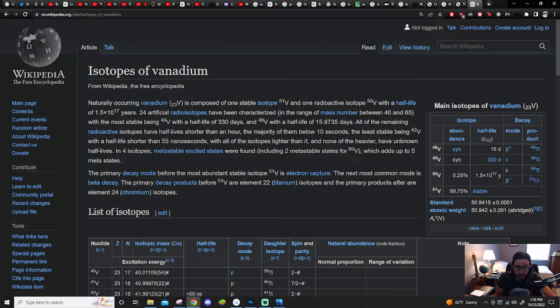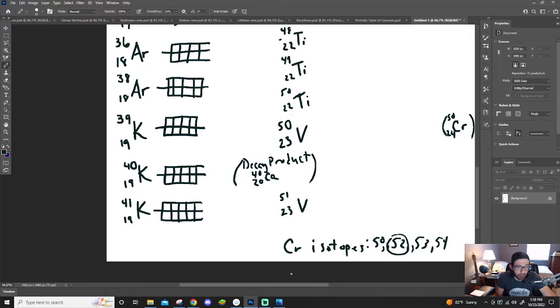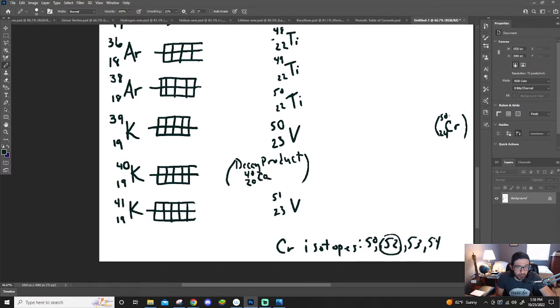But it's pretty stable, like relatively. 10 to the 17 years. That's pretty stable. So I put it because of its duration. But it notably decays by adding a proton. One of the neutrons kind of blows out and becomes a space for another eddy, I guess. Because it remains 50.